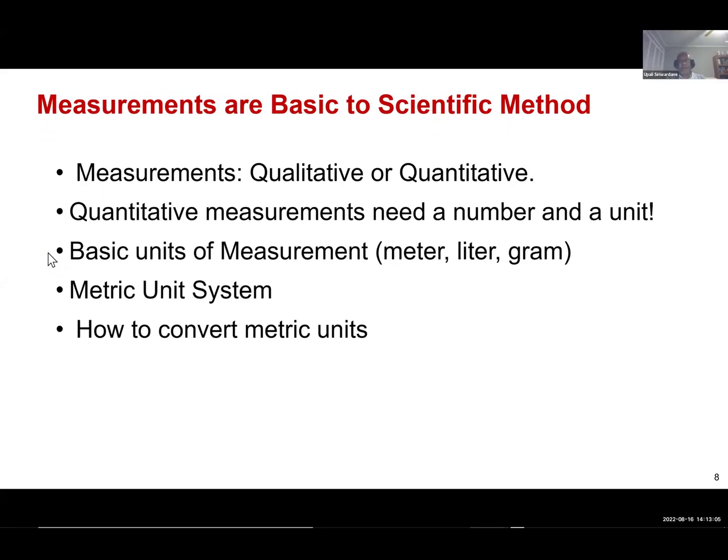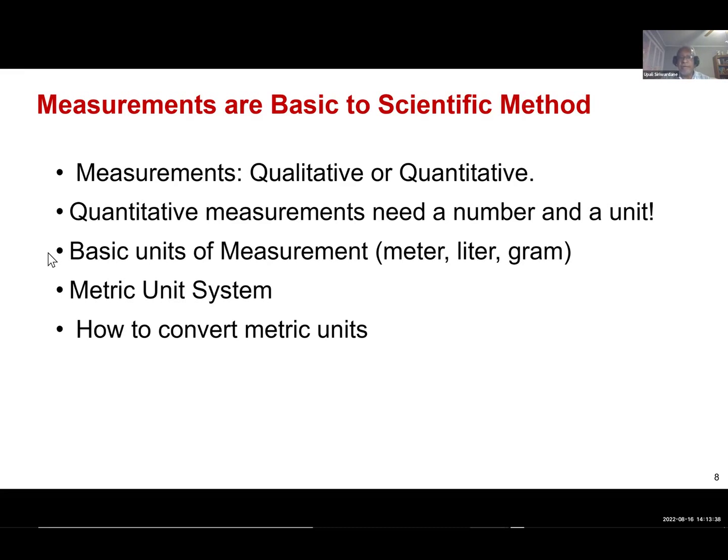Measurements are of two types. Measurements come from observation. The first kind is qualitative. The second kind is quantitative. Qualitative is a verbal description of observation. That car moves faster than the second car.